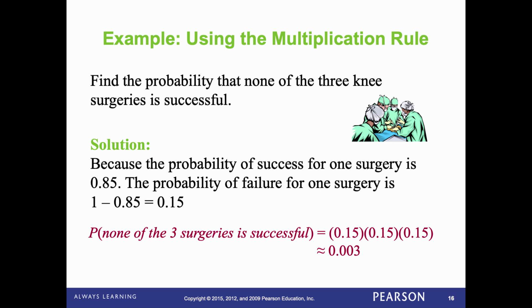All right. So there's only a 0.3% chance that none of the 3 were successful, because we found the complement of it being successful and then multiplied them together.